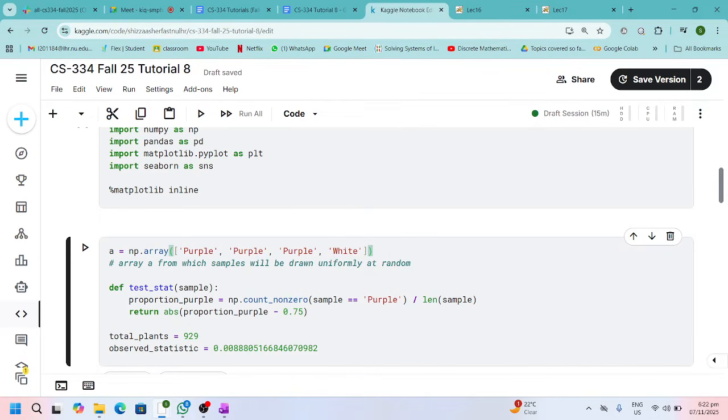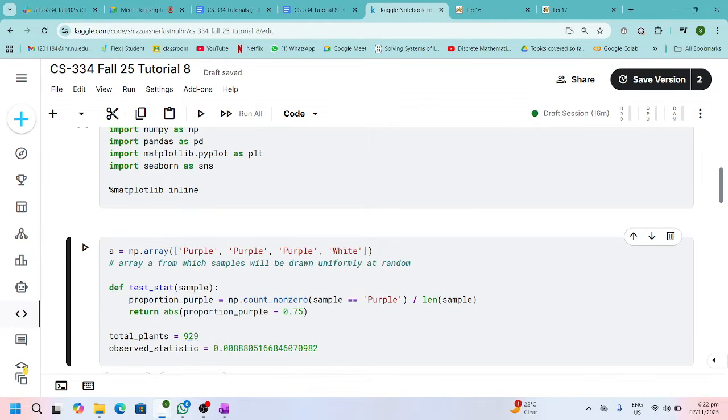The rule is that there is a 75% chance, a 3 by 4th chance that the flower is going to be purple. And there's a 25% chance that the flower of this plant is going to be white. So, using this rule, you generate a distribution. You do this once for 929 values. आप 929 plants के लिए ये values generate करते हैं.